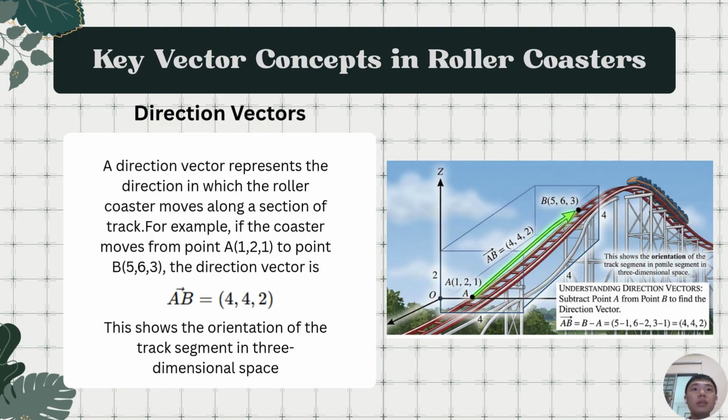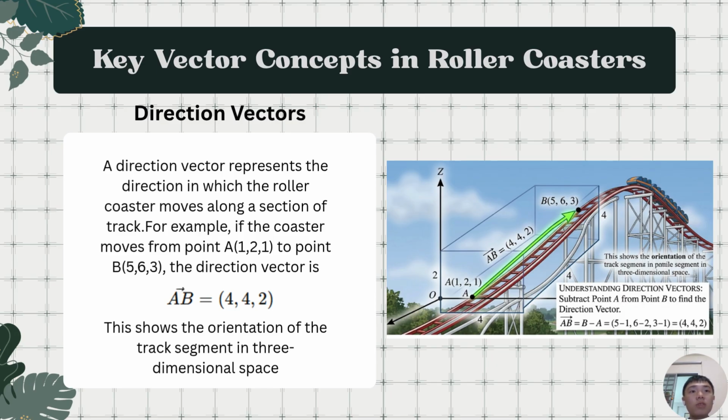For example, suppose the roller coaster moves from point A, which is (1, 2, 1), to point B, (5, 6, 3). So to find the direction vector AB, we subtract A from B. So the vector AB equals (5 minus 1, 6 minus 2, 3 minus 1).